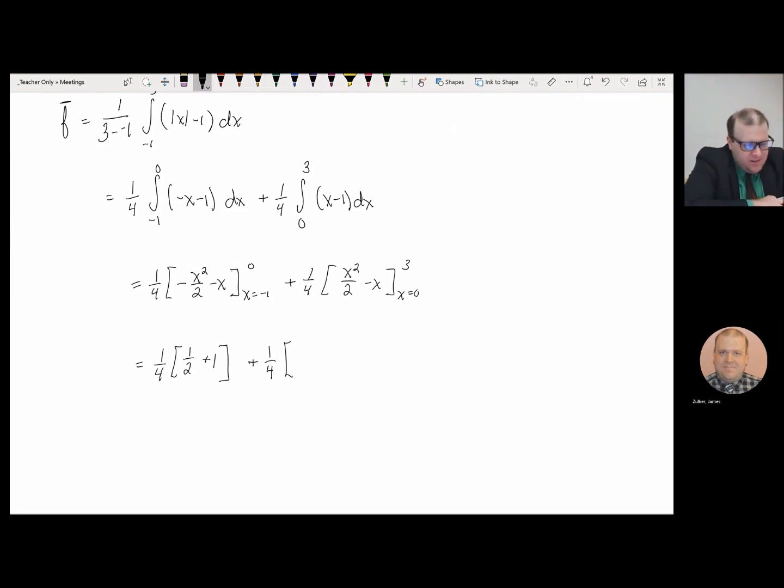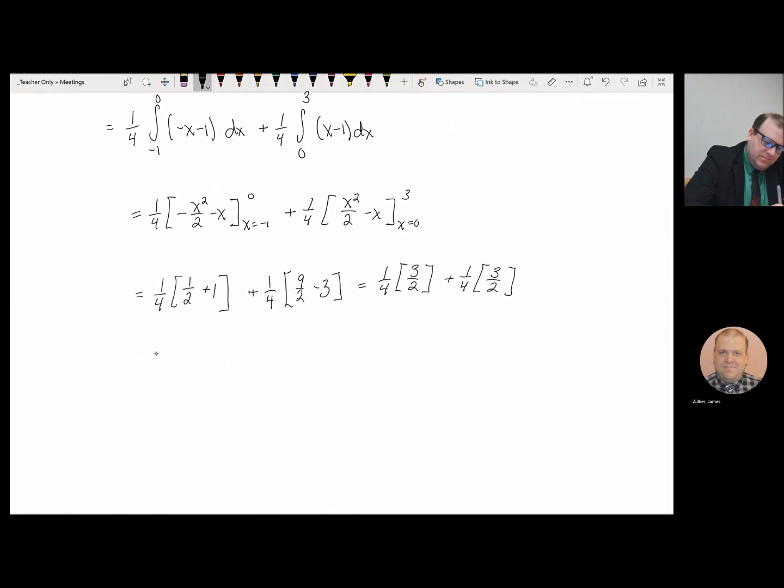And then the second bracket looks like 9 halves minus 0 and then minus 3. That wound up being a half times 3 halves, which is 3/4.